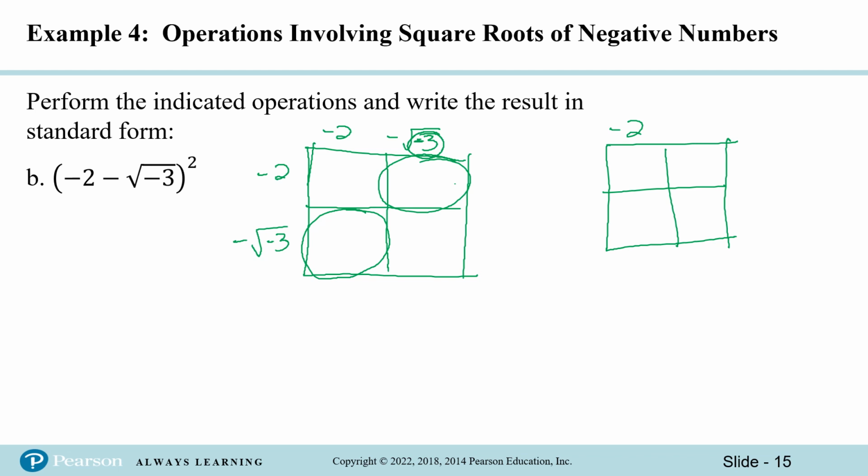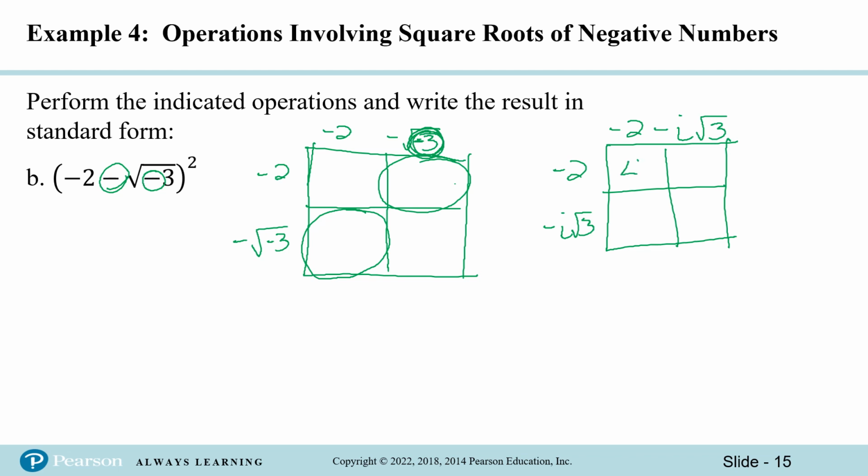So because this is square root of a negative, I'm going to take the i out for both of them. Now, taking this i does not change that one. So just to be aware.